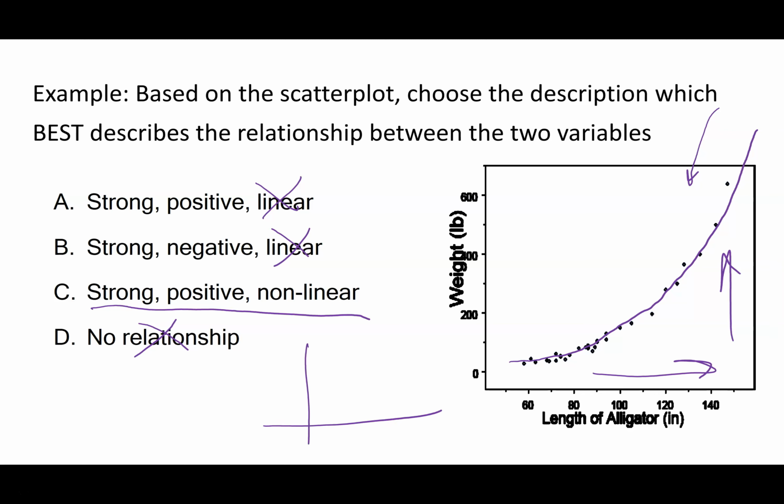Although, if we had something more like this, where it's a strong relationship, it would have been totally fine to not say if it was positive or negative, because that wouldn't have been appropriate for that curve. So, C will be the answer here. Just know that if it's nonlinear, it may not always be appropriate to say positive or negative.